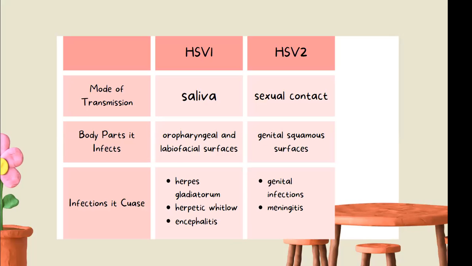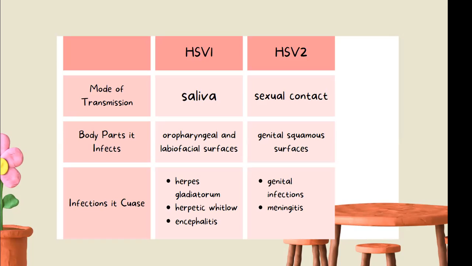So let's focus first on serotype 1. The mode of transmission is through saliva, and it infects primarily the oropharyngeal and labiofacial surfaces, meaning it infects primarily our mouth, our tongue, and even our lips and the area around our mouth or lips or in the face.